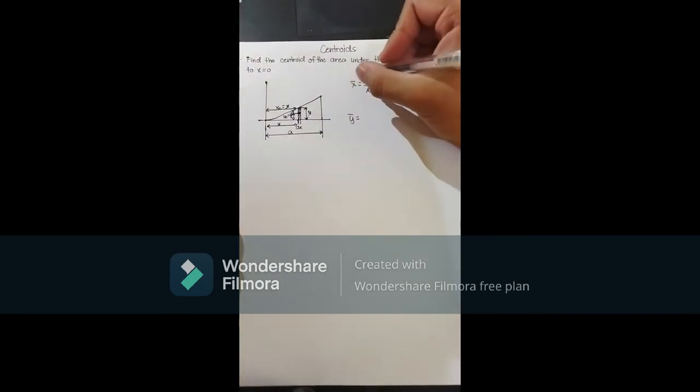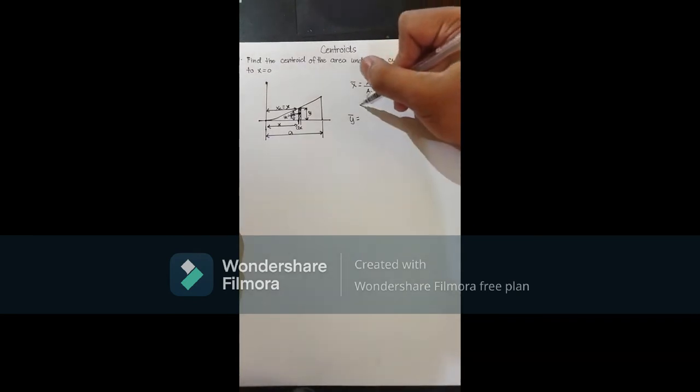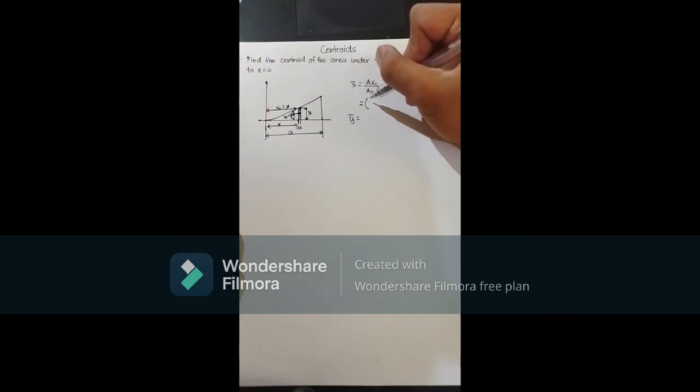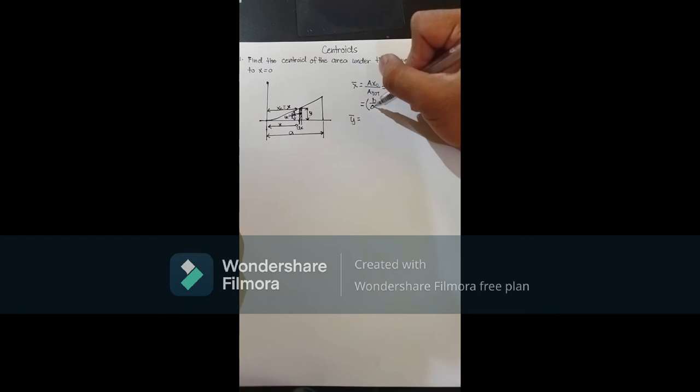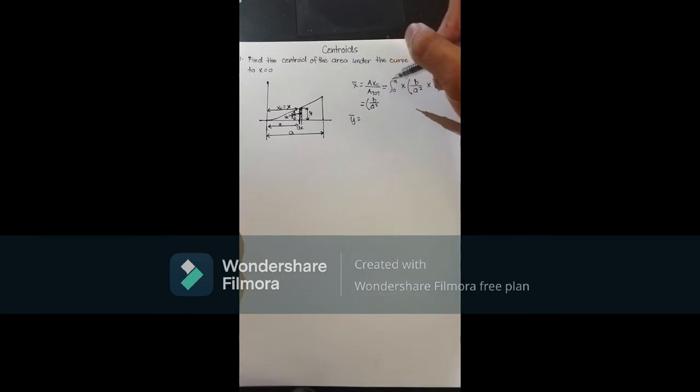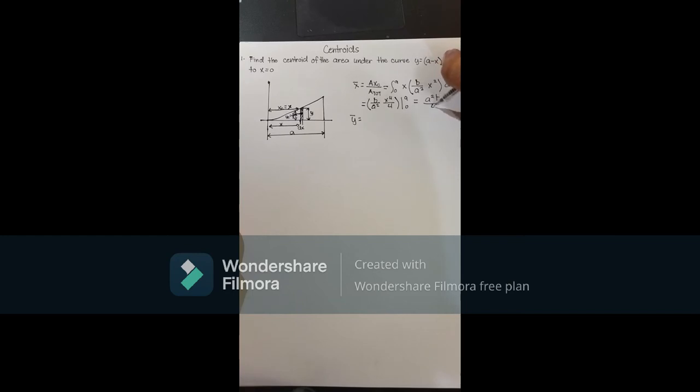Then substitute the limits: b times a squared and x raised to 4 over 4, the limits of a to 0, and the answer is equal to a squared b over 4.